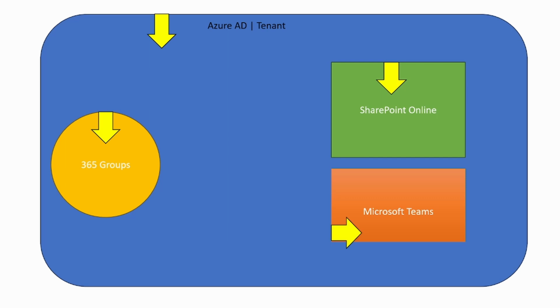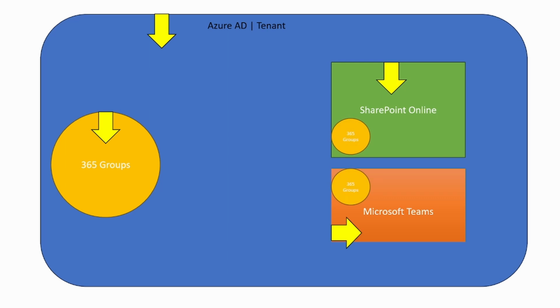Now, why does Teams require all these resources to be allowed? Simple. We allow guests in our organization and then move to 365 groups. Why 365 groups? Because every single team that a person creates in Microsoft Teams is a 365 group, right?